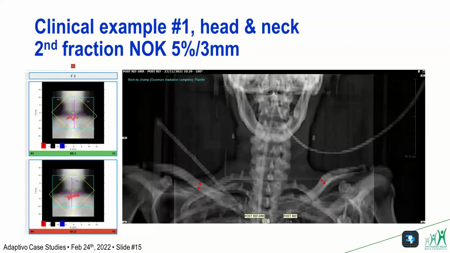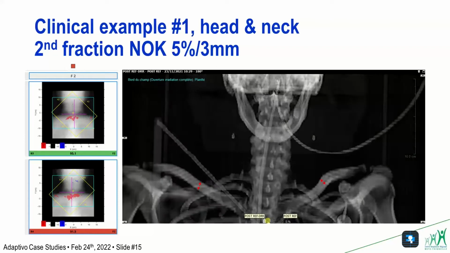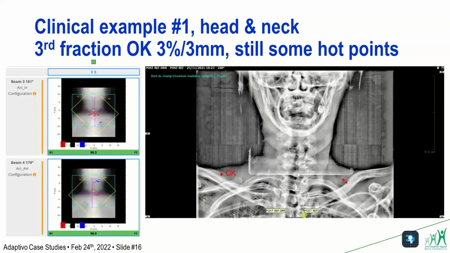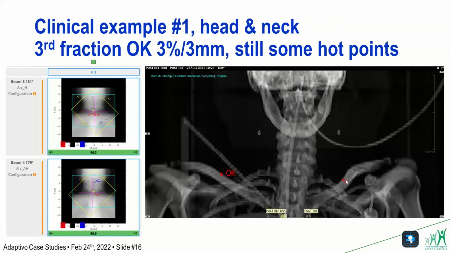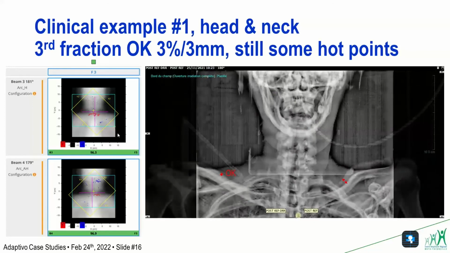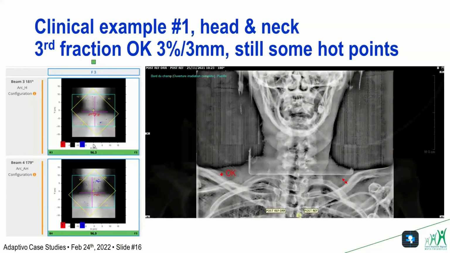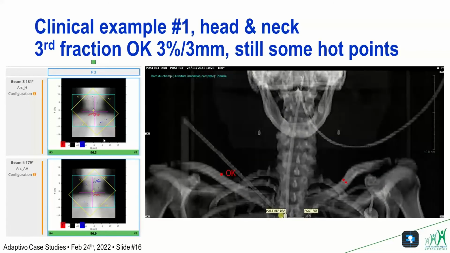Then we tried to work on that and correct the position in the treatment at the third fraction. Here you can see that the clavicle positioning is better and the gamma index was correct, more than 95%.